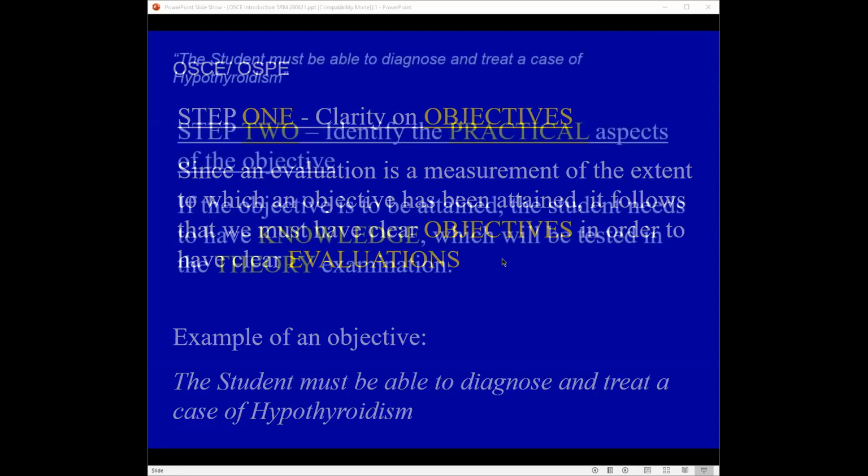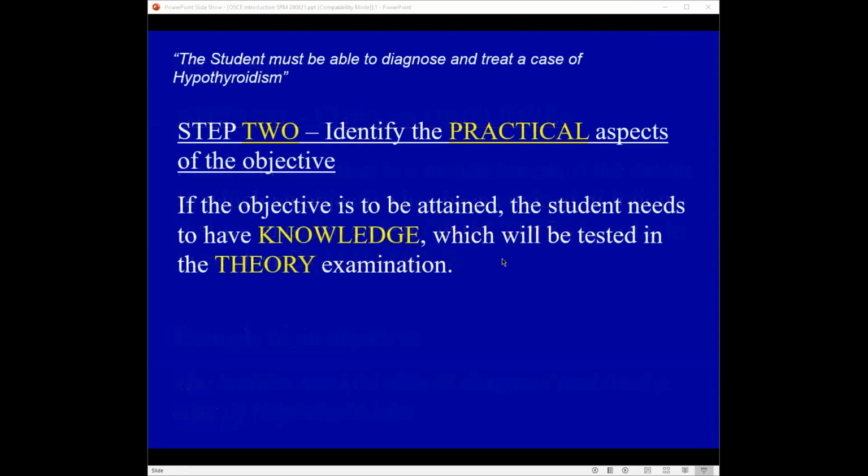Now, since we are now talking about the practical exam and not the theory exam, where we will assess knowledge, let us identify within this objective what are the practical aspects. Now, like I said, if the objective is to be attained, we do need to have a knowledge base which will be tested in the theory exam.